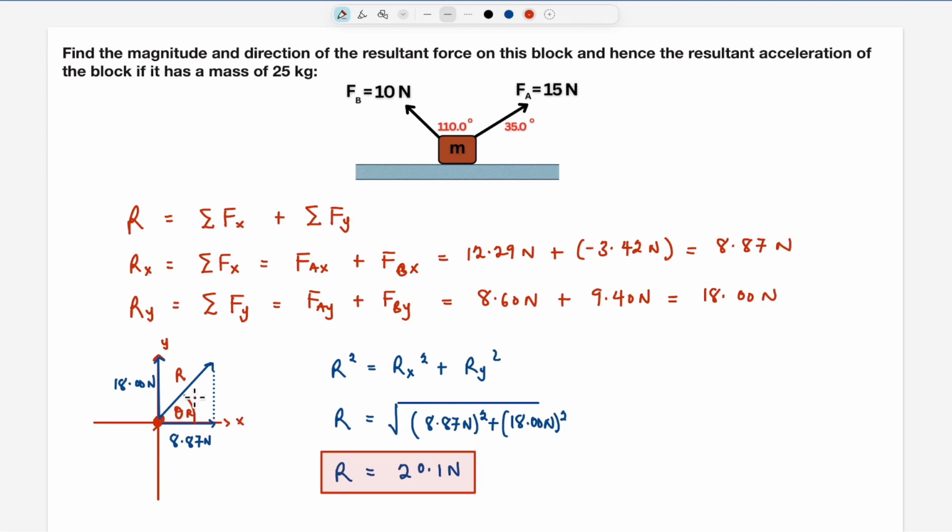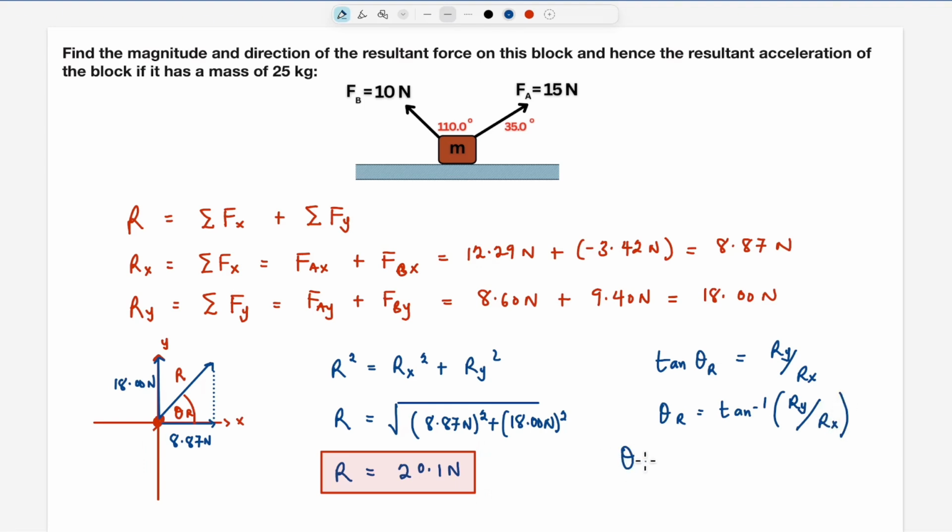Okay. Now we need to find this direction, theta R. And to find the direction, since we know Ry, we know Rx, we can apply the tangent. So the tangent of theta R, that's the direction for the resultant force, is going to be Ry divided by Rx. So for the angle theta R, we have to take the inverse tan of Ry divided by Rx.